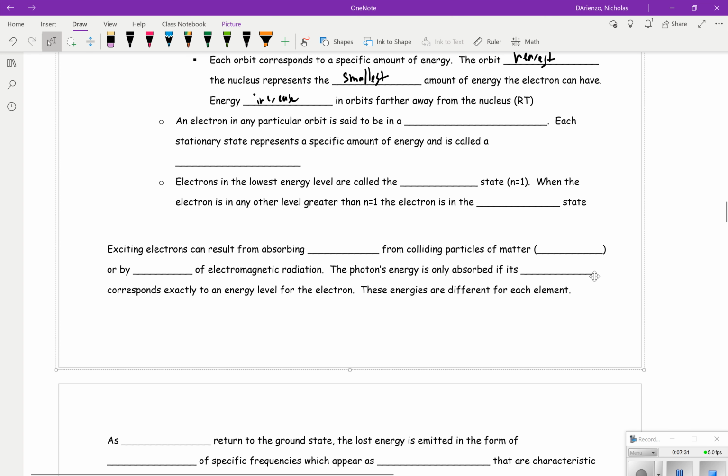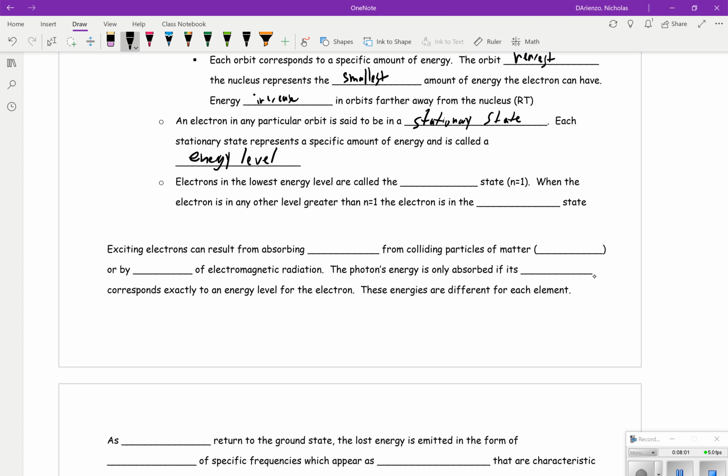Now, any electron in any particular orbit is said to be in what we call a stationary state. The electron's stationary, it's staying in that particular level. And each stationary state represents a specific amount of energy, and that is called the energy level.